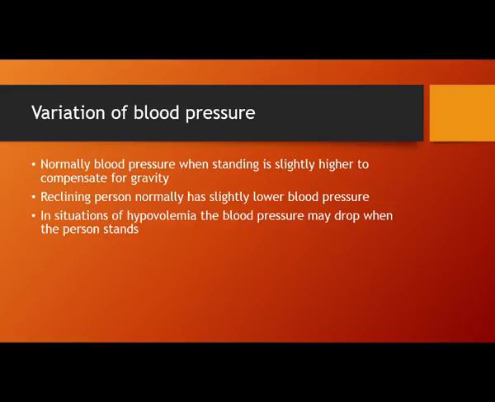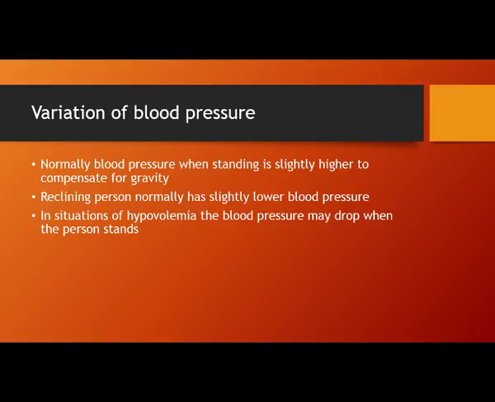Variations in blood pressure. Now in the normal individual, when they stand up, the pressure is going to go slightly higher, not much. If you took it, it might only go up, say, 4 millimeters of mercury or something like that. It wouldn't go up much, but you would notice a slight rise.